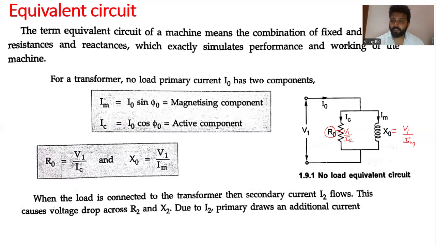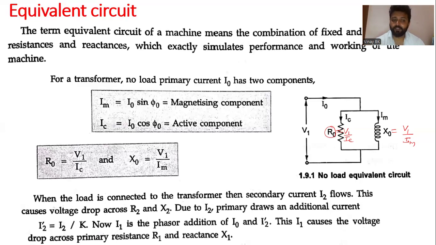So if there is a load, the primary winding draws an additional current, that is nothing but I2 dash. I explained that in a previous video. You know that N2 into I2 is equal to N1 into I2 dash, that is the additional current. So I2 dash is given by N2 divided by N1 into I2, that is K into I2.